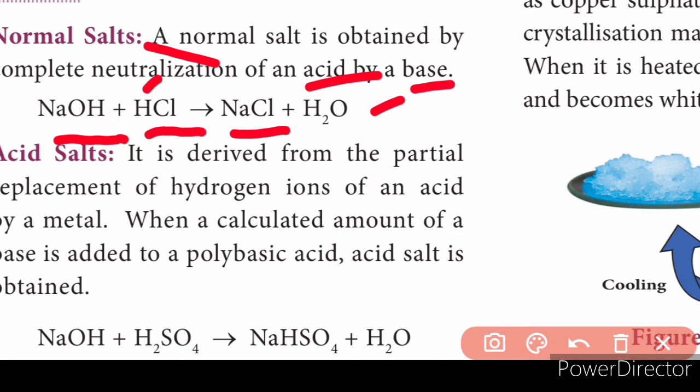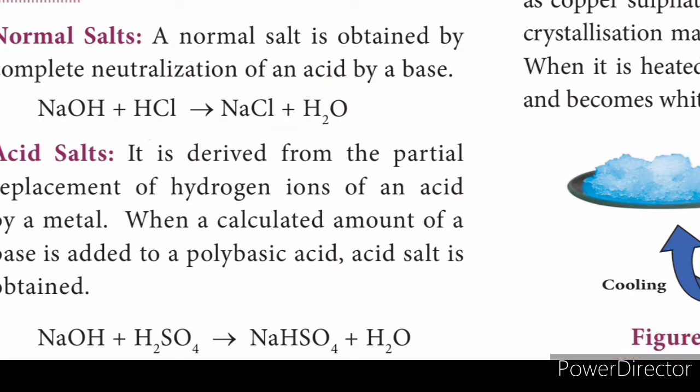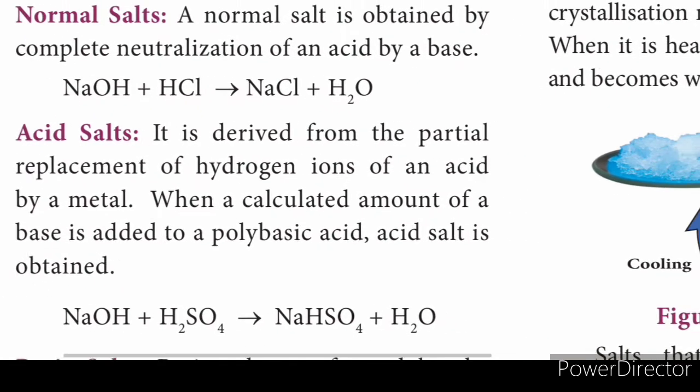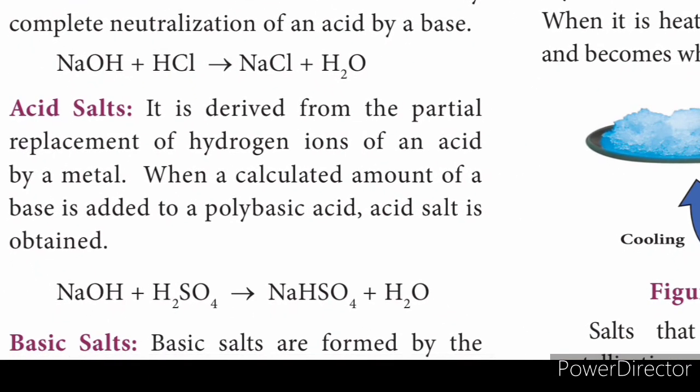Okay. The next one is acid salts. So what are acid salts? It is derived from the partial replacement of hydrogen ions of an acid by a metal. So whenever it reacts with a metal, that metal will replace the hydrogen atom from the acid.